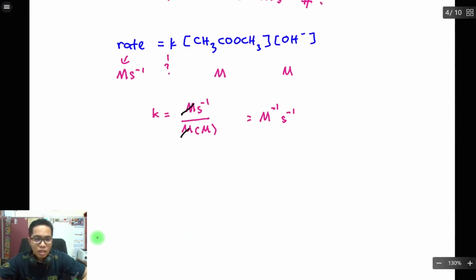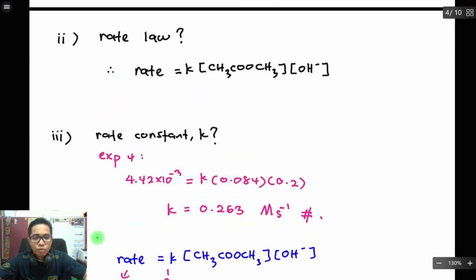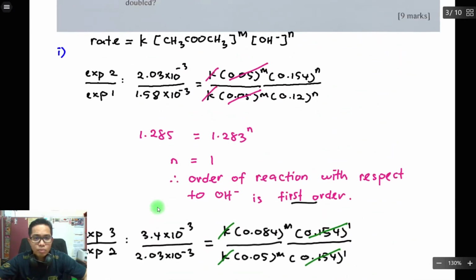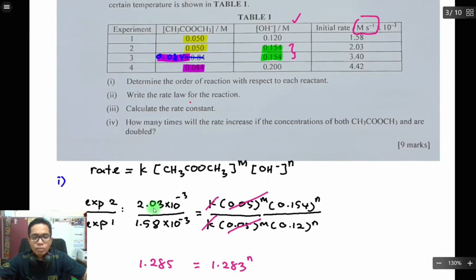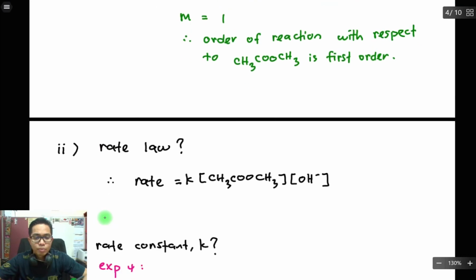Last one, question number 4. Apa dia? How many times will the rate increase if the concentrations of both CH3COOCH3 and OH minus are double? So, kita tinggal kat sini. And OH minus are double. Right.